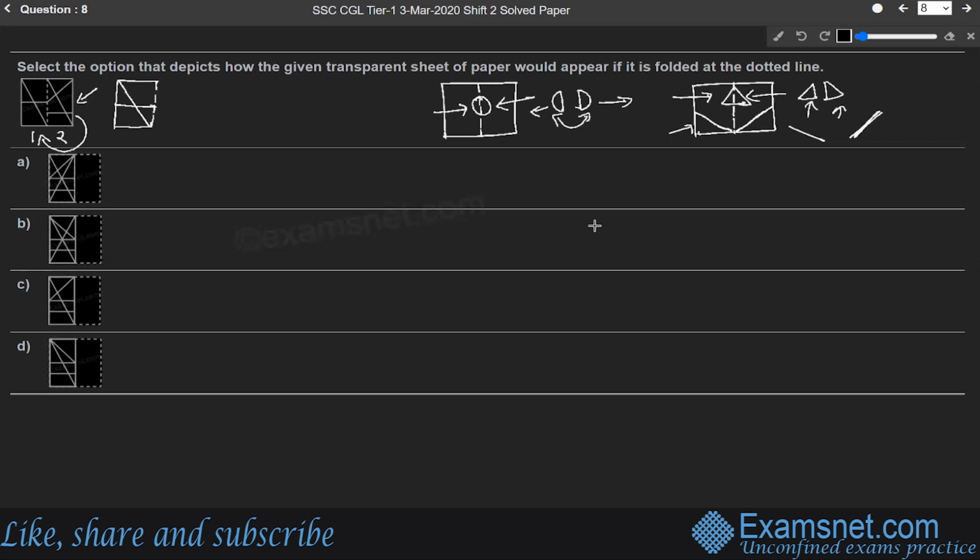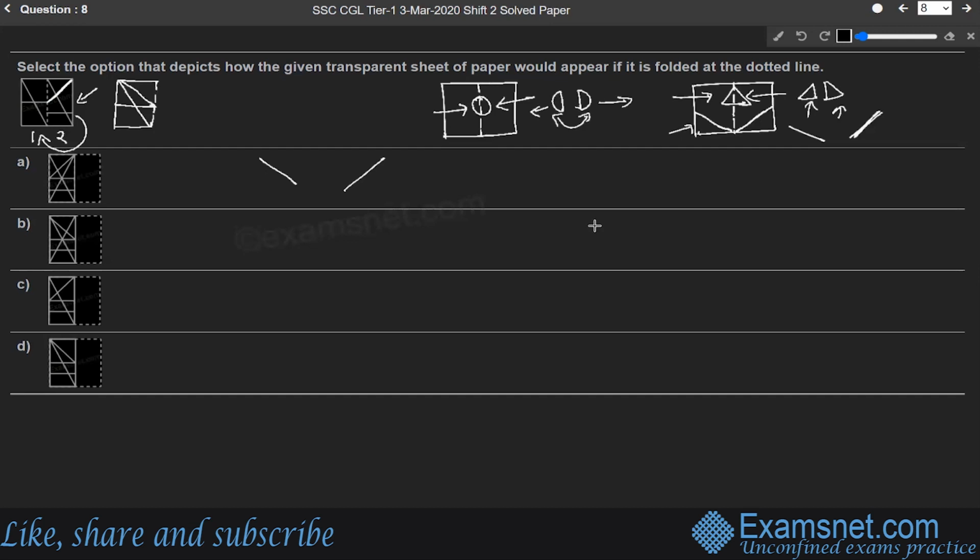So we have to look at the right part. In the right part, we have a line segment in this direction. Now listen very carefully. We have a line segment in this direction in the right hand side. So in the left hand side, it will be in the opposite direction, that is this particular direction. So this line will be in this way.